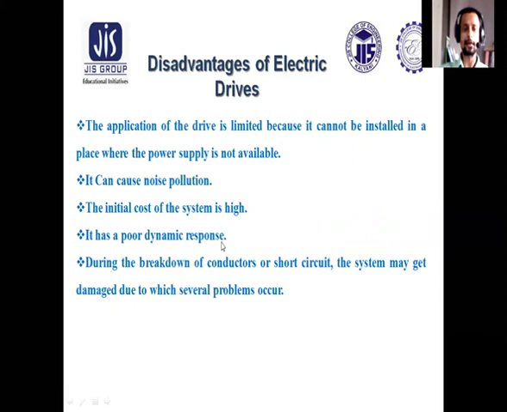It has poor dynamic response, although the dynamic response could be improved by using smart controllers. During breakdown of the conductors or short circuit, the system may get damaged, due to which several problems may occur. But this short circuit problem could also be taken care of by some protective means nowadays.